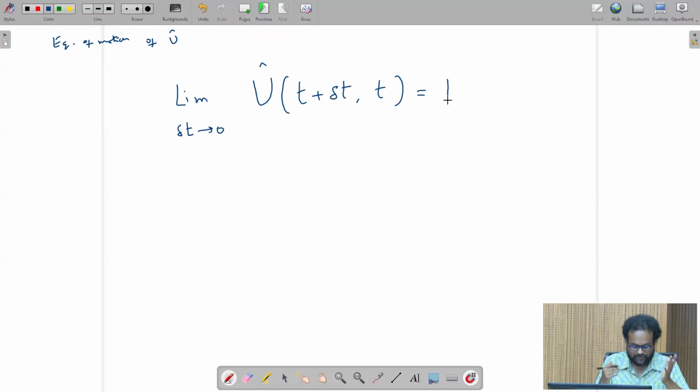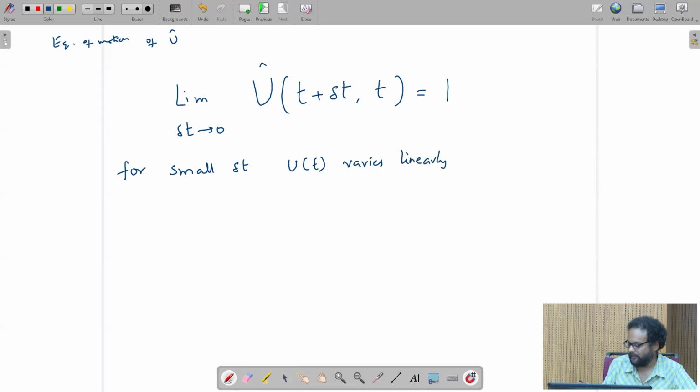But let's say for small delta t, it is reasonable to say U of t varies linearly. That's my consideration. That's how I'm going to work, which is reasonable. When I'm in the same place, okay, fine. If it's small, I can approximate it to linear.